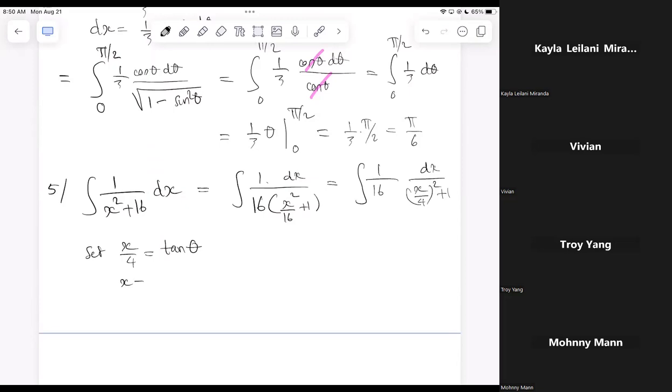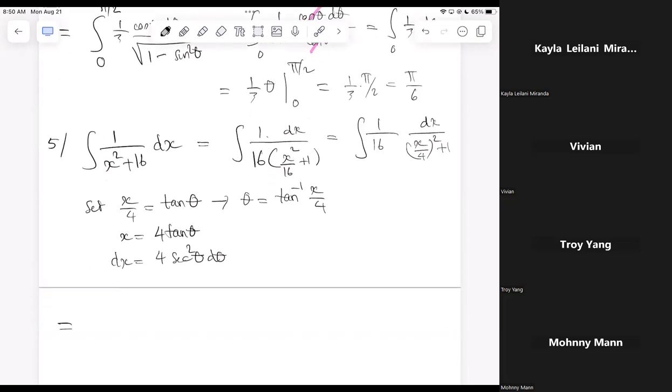Okay, so x is just 4 tangent theta, so dx is equal to 4 secant square theta d theta. And also for this one I can get theta equal to tangent inverse of x over 4.